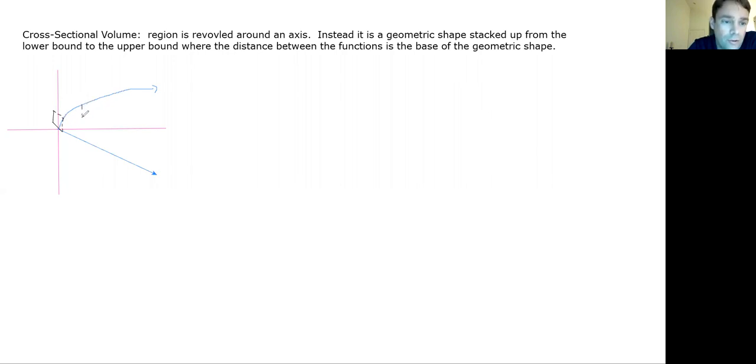Now, if I let the distance be the base, remember about squares, they're going to be the same length all the way around. So that means it's going to go there, that goes there, and you start to build this idea of those geometric shapes. Make it a little bit bigger here.